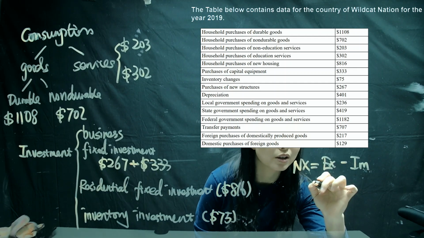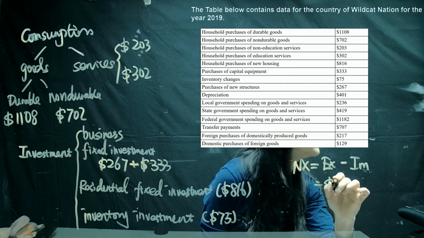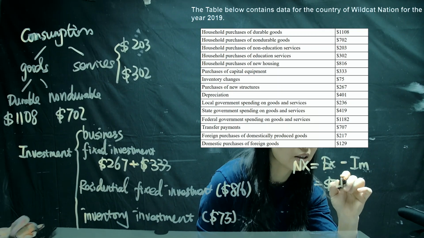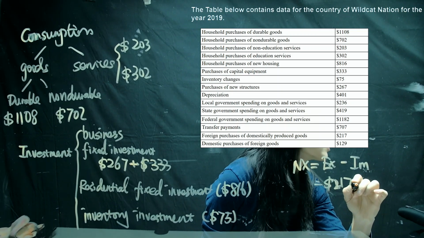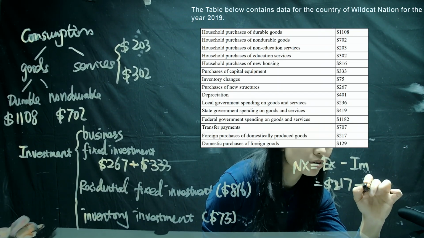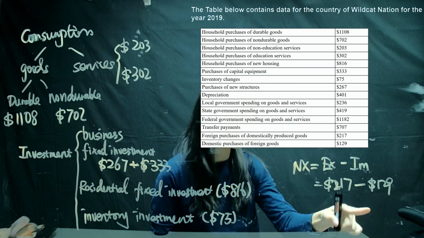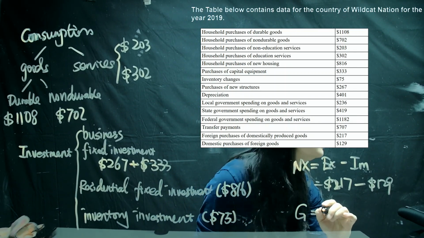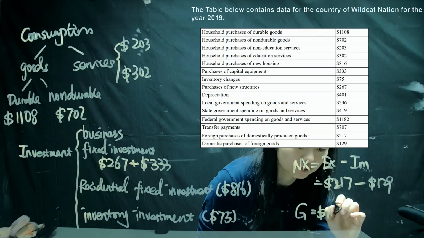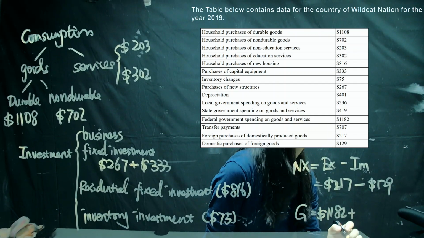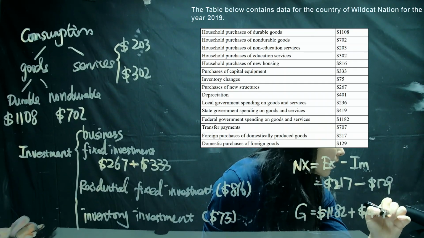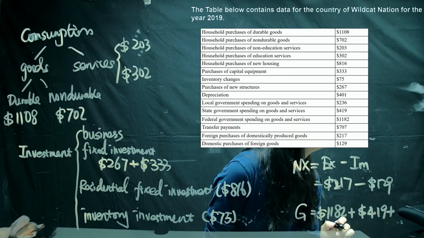So you need to use 217 subtract 129 to get the net exports. On government spending, I write down here, you use the federal level plus the state level and the local level.